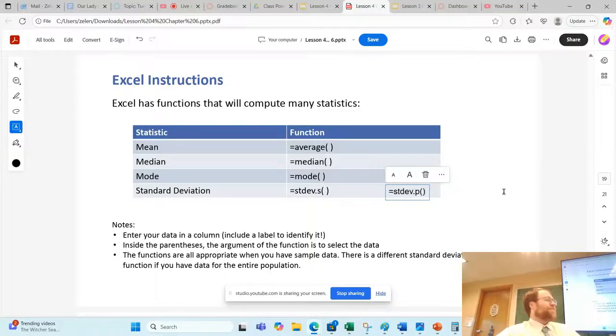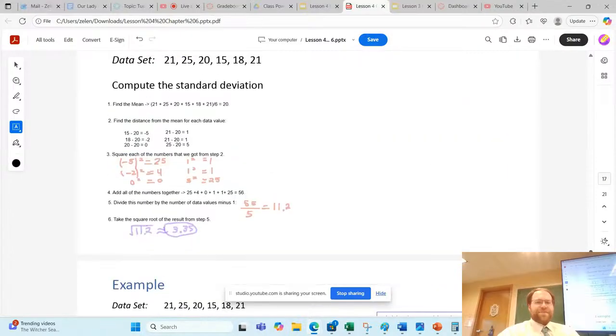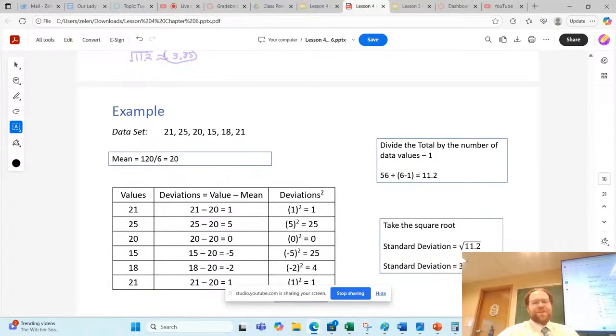Just so you know, there is a slightly different way to calculate population. What's the difference? It will follow exactly the same process except one change.